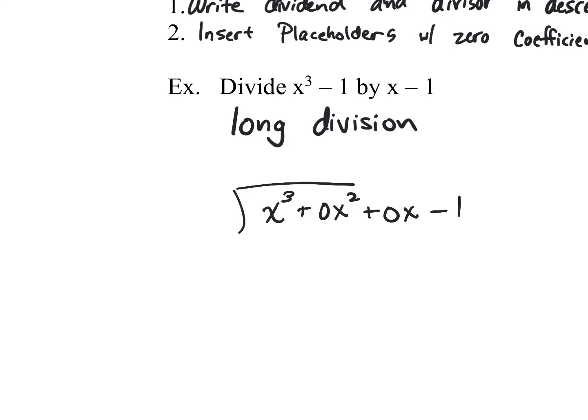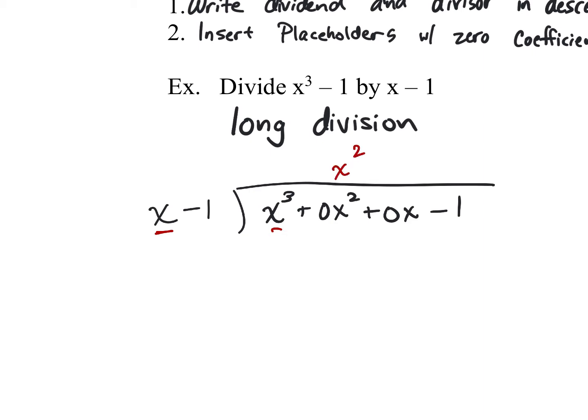Notice I included those two placeholder zeros just to ensure that I'm dividing properly. So now we're going to go through this long division process. It's the same process that we would perform if we were doing long division, way back when in elementary school. We ask ourselves, how many times does x go into x to the third? Well, it goes in x squared times.